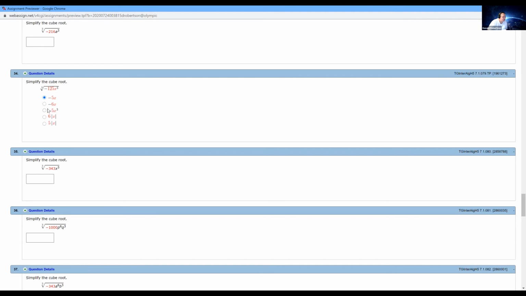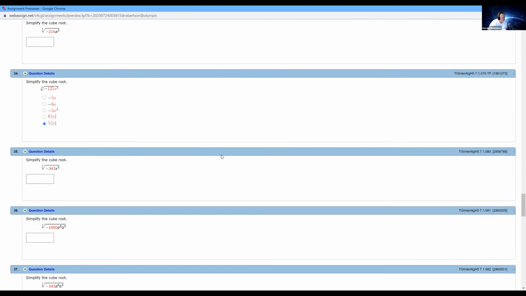It could have said, I wish it had, negative 5 absolute x. When you're doing cube roots, you don't need absolute values. So even if I never knew what the answer was, do you see these two here? I know for sure it's none of those two, because cube roots don't need absolute values.